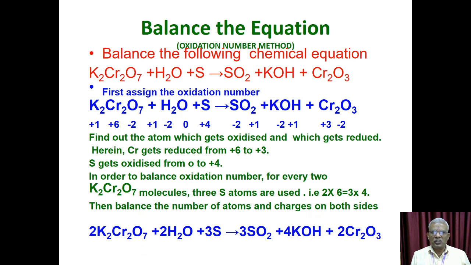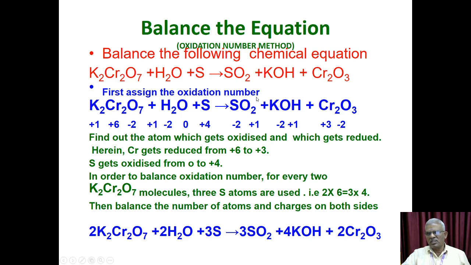How to balance the equation? Balance the following chemical equation: potassium dichromate, water, sulfur. The products are sulfur dioxide, KOH and chromium oxide. First, assign the oxidation number.